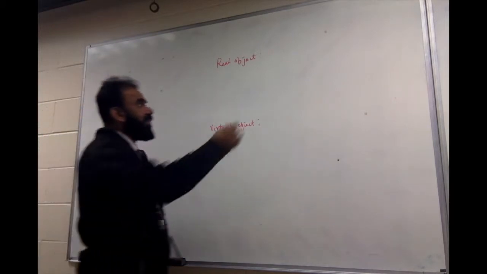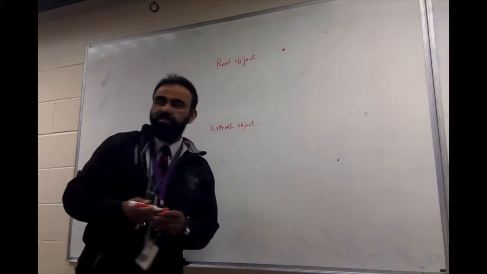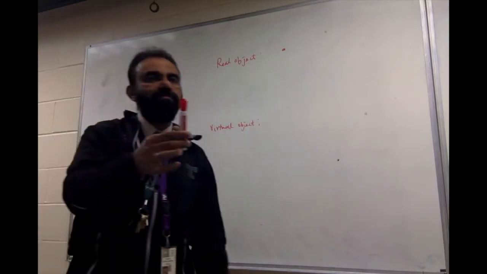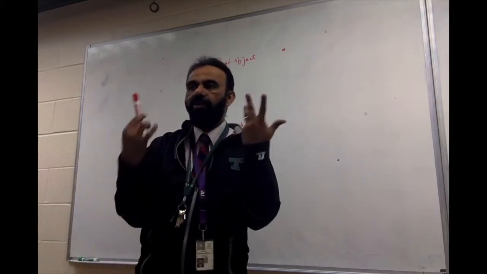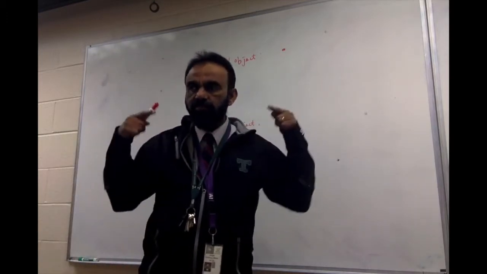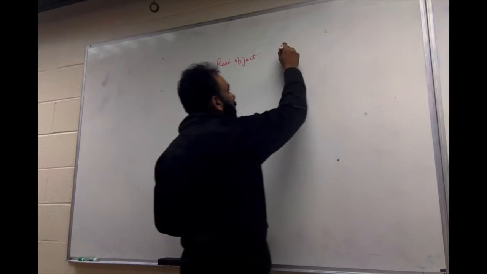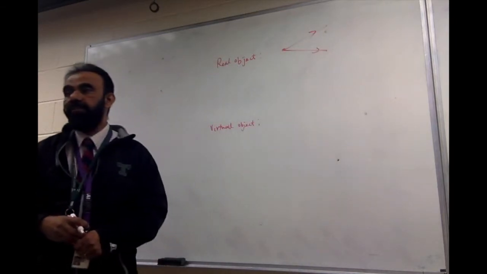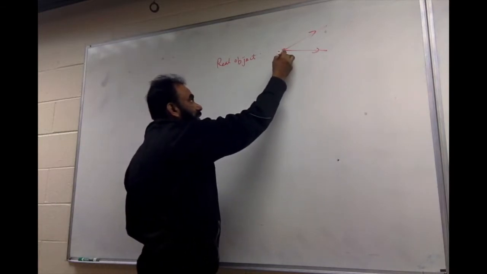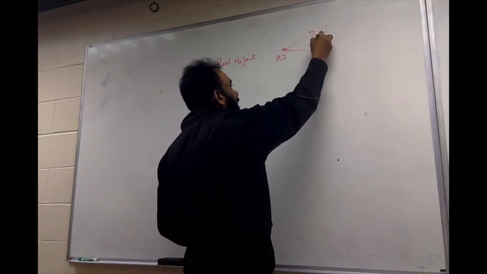So what is a real object? A real object is something that is actually kept in front of you, just like that. This is a real object. How do rays come from this real object to your eyes? From a real object, the rays diverge.